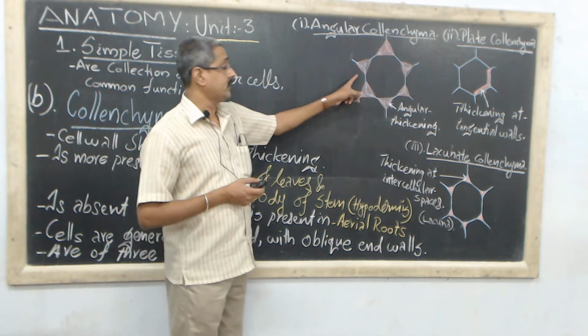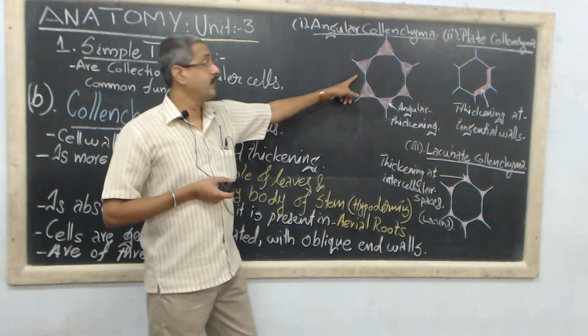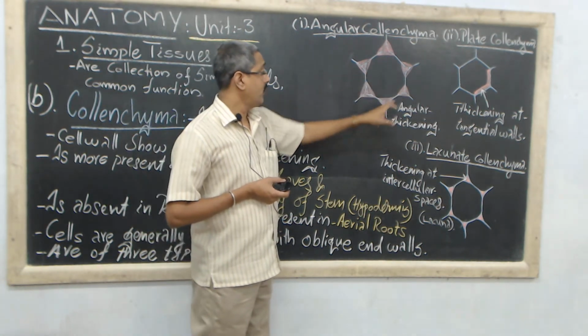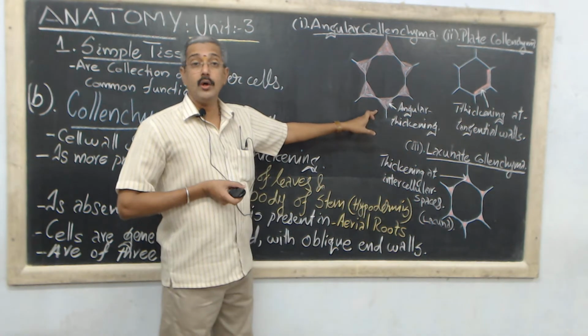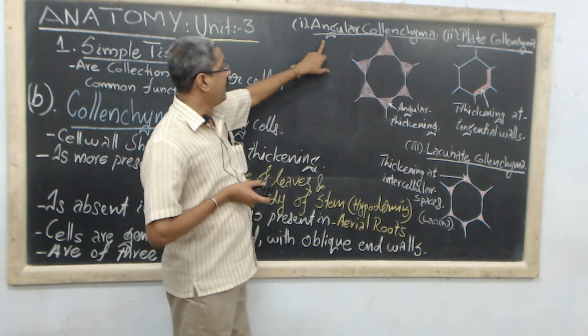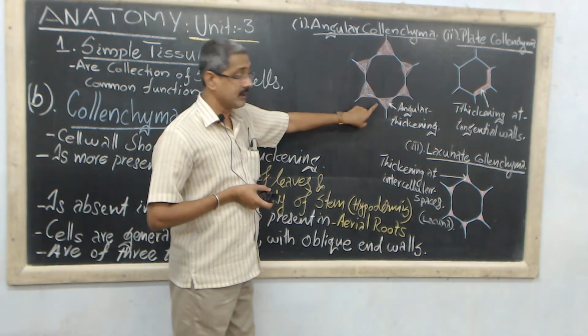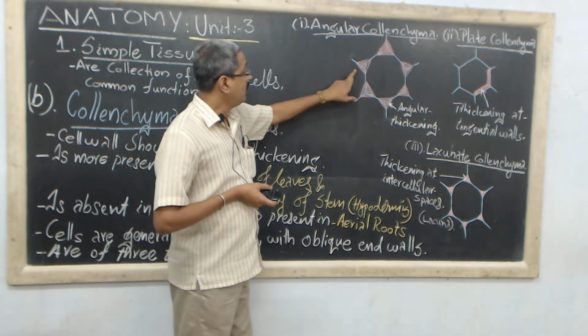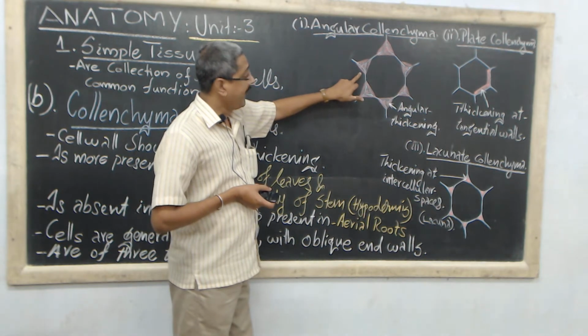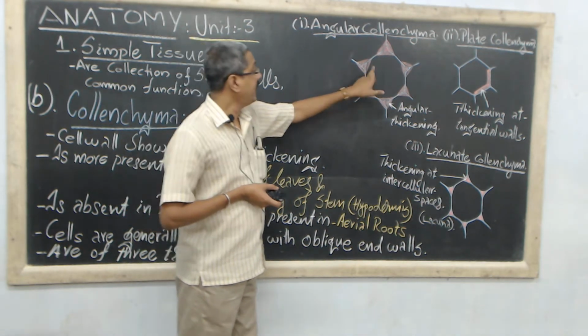What is localized? Here and there, somewhere in the cells, a particular region of the secondary wall shows the thickening. So, in angular collenchyma, we can see the intercellular spaces of the cell, and also the thickening is somewhat extended towards the inner regions.